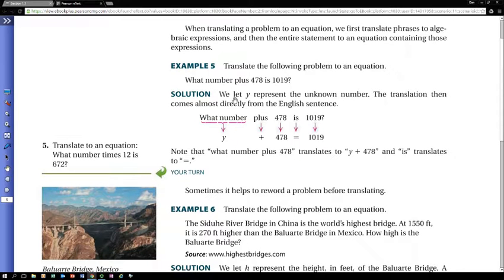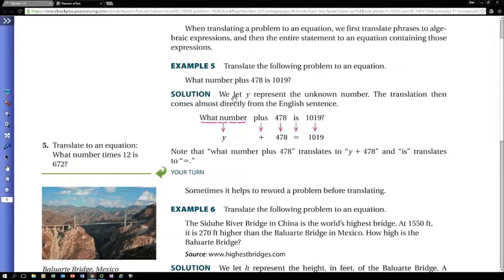And basically what I talk about is define your variable. And in this case, what is the variable here? What's the unknown thing that could vary right here? It's the number that will be added to 478. And what will that equal when I take that number I don't know the value of, add 478, and then it says is, which is a good indicator of equal, and then this number 1019.